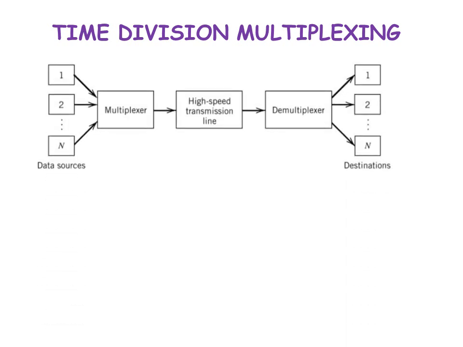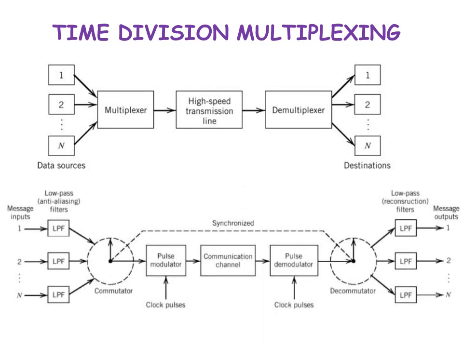Here you have a block diagram which tells how time division works. Again, the same concept: the multiplexer has many inputs and a single output, which is sent with the help of a transmission line medium. It is then given to the demultiplexer to reach the destinations.